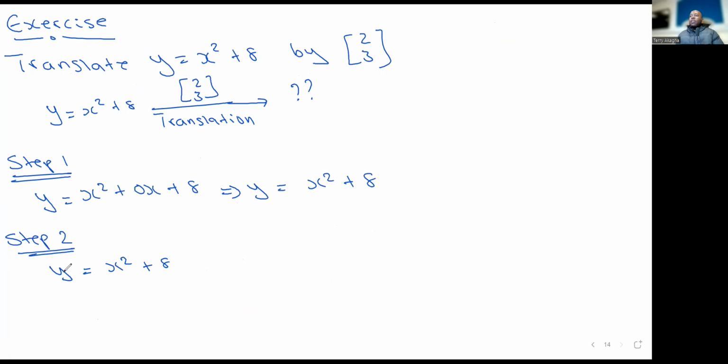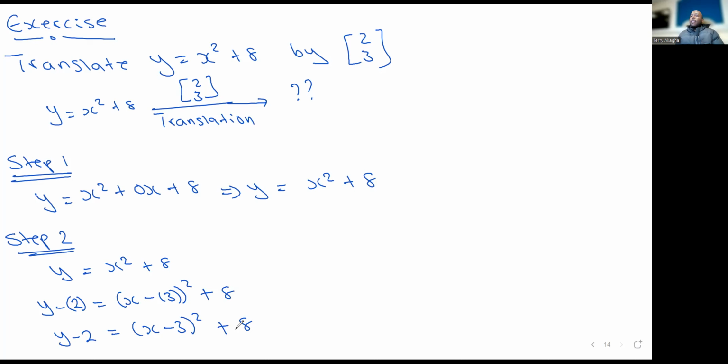Anywhere you see y, it's going to be y minus 2. It's equal to, anywhere you see x, it's going to be x minus 3, all squared plus 8. Are you seeing it? So you open the bracket: y minus 2 is equal to x minus 3 all squared plus 8.